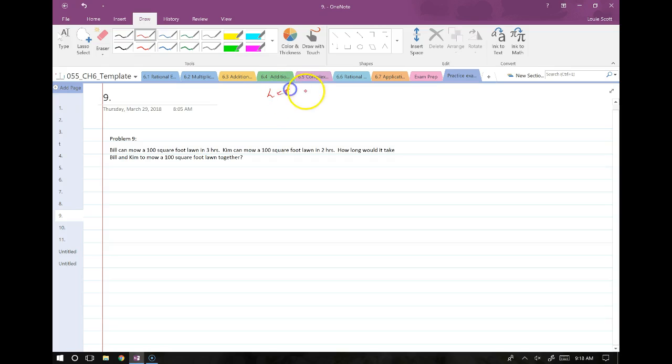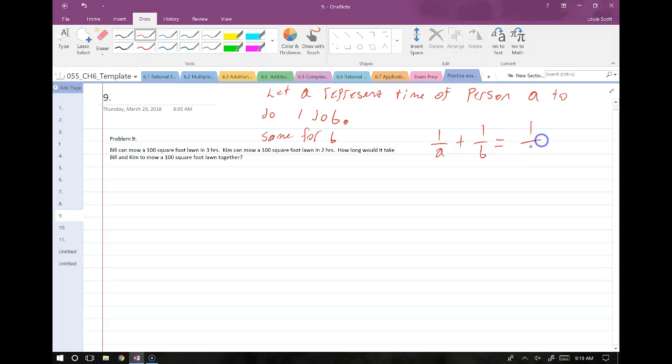Let A represent the time of person A to do one job, right? Same for B, except B is the other person. Then this is the formula we use: 1 over A plus 1 over B equals 1 over T, where T is the total time that it takes to do the job.